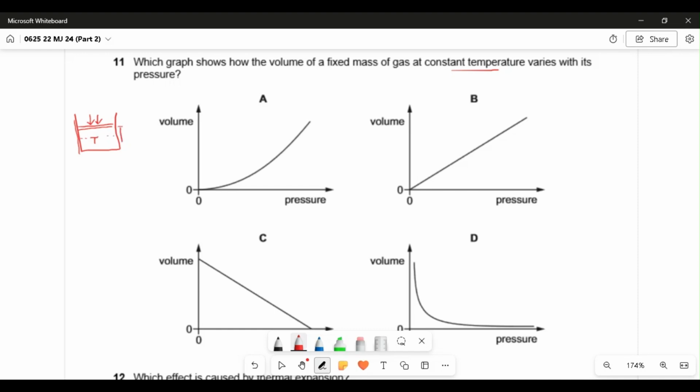If the initial volume is V1 and pressure is P1, as the pressure increases and becomes P2, the volume will reduce to V2. So pressure increases, volume decreases to compensate, keeping the temperature constant. Or in other words, to keep the temperature constant, the volume reduces as the pressure increases.